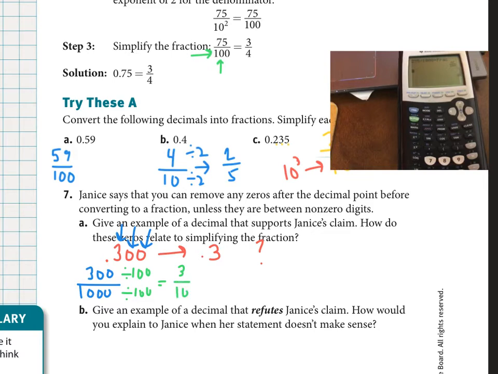Now, if we just converted the 0.3 into a fraction, it only has 1 digit, so it's the tenths place. It would be 3 over 10. Is that equal? Yeah, 3/10 equals 3/10.